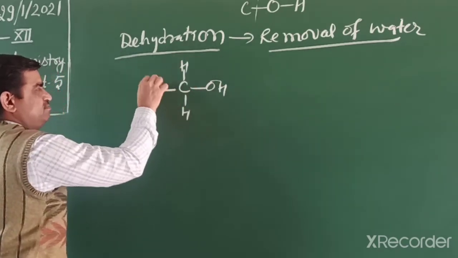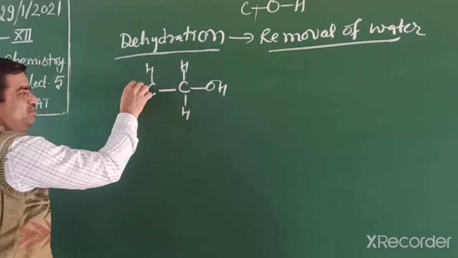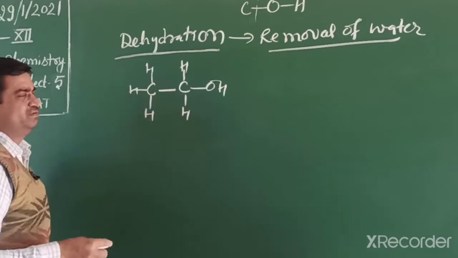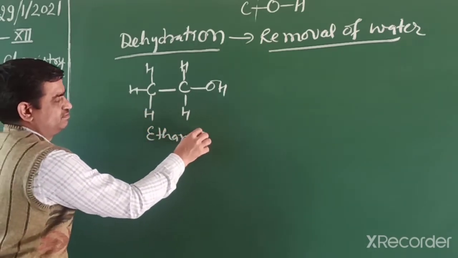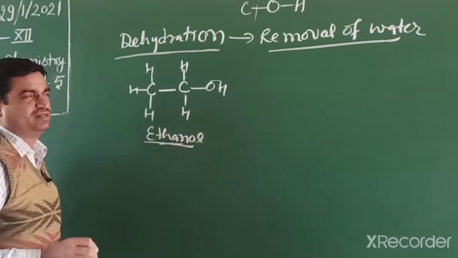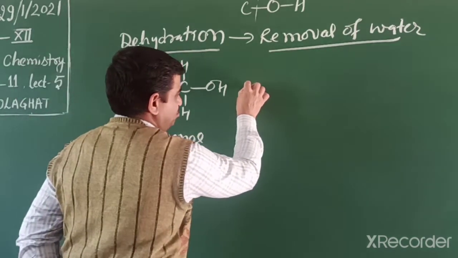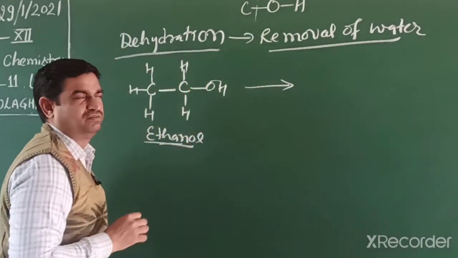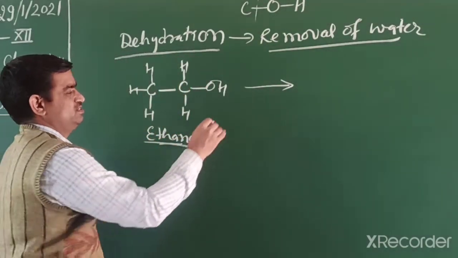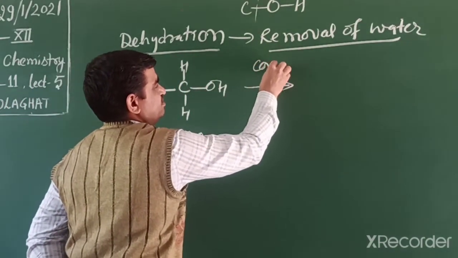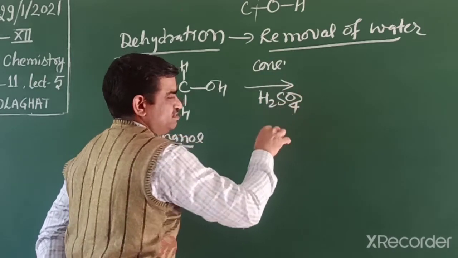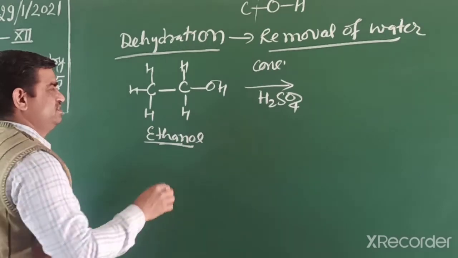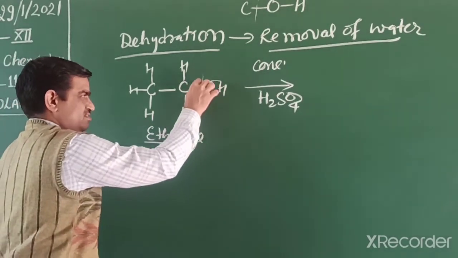We take an example of a simple alcohol, ethanol. In this ethanol, we use the reagent concentrated sulfuric acid, which acts as a dehydrating agent, and we want to remove water.